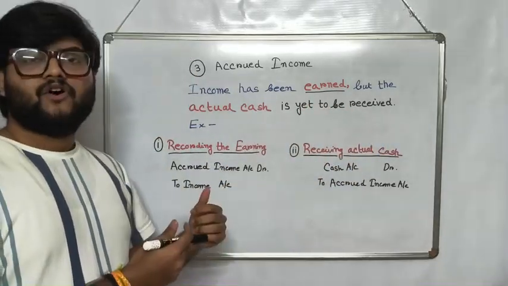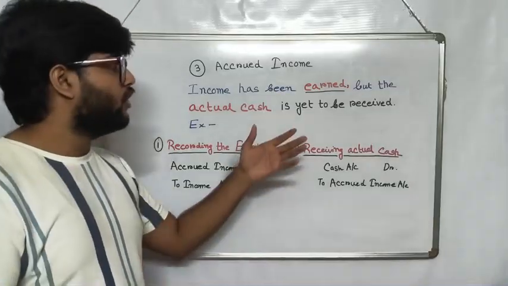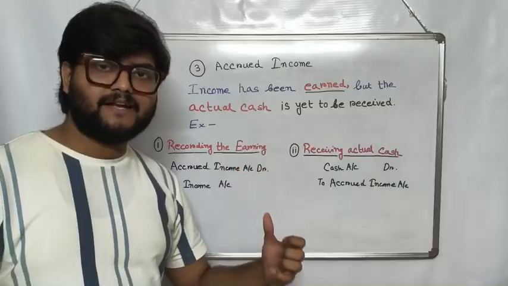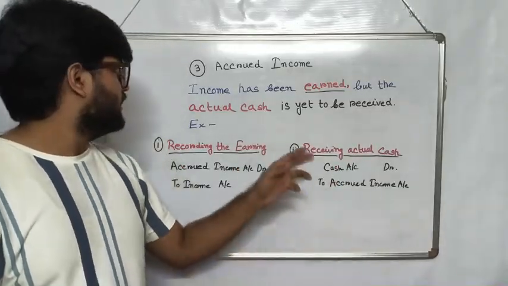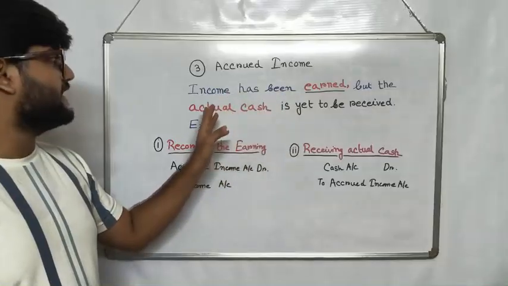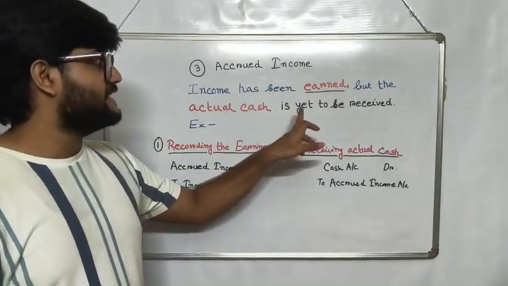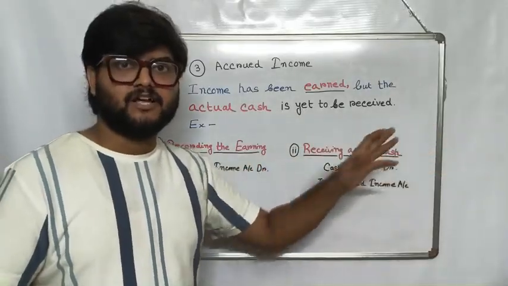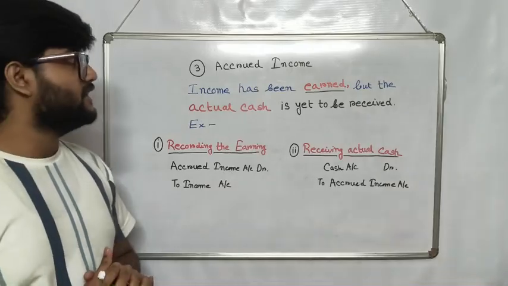But for delivering the goods or services, or for holding or forming the capital of another business or financial institution, the actual cash that you should have received, you haven't received as of now. It is yet to be received. Those types of income are called accrued income.